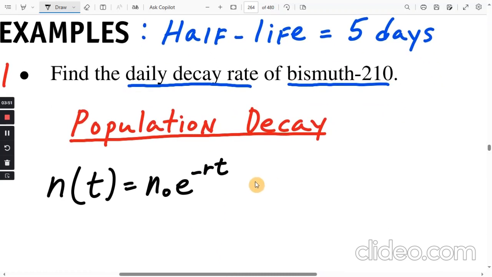This is actually similar to the present value formula. When you find the present value, it's A times e to the negative rt. So it's basically the same formula.